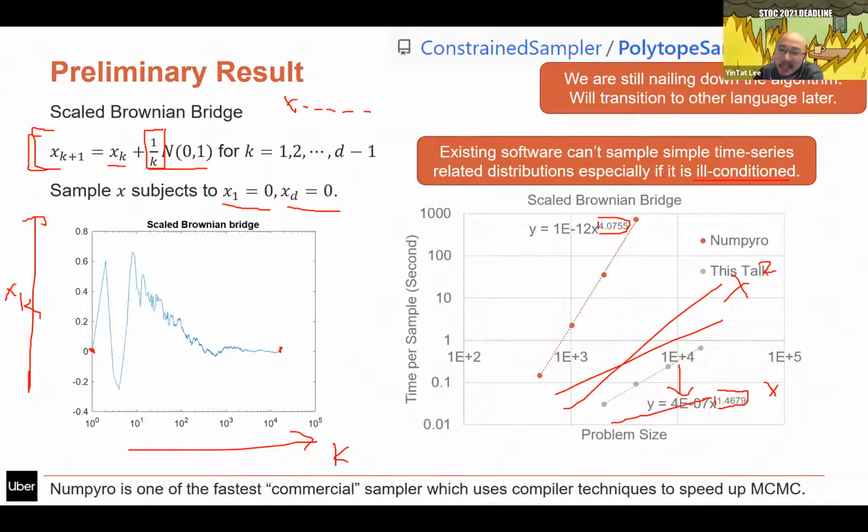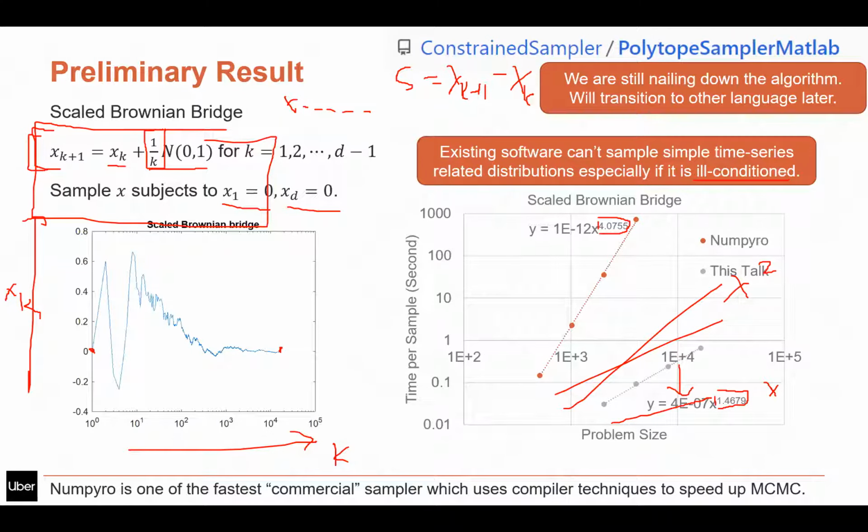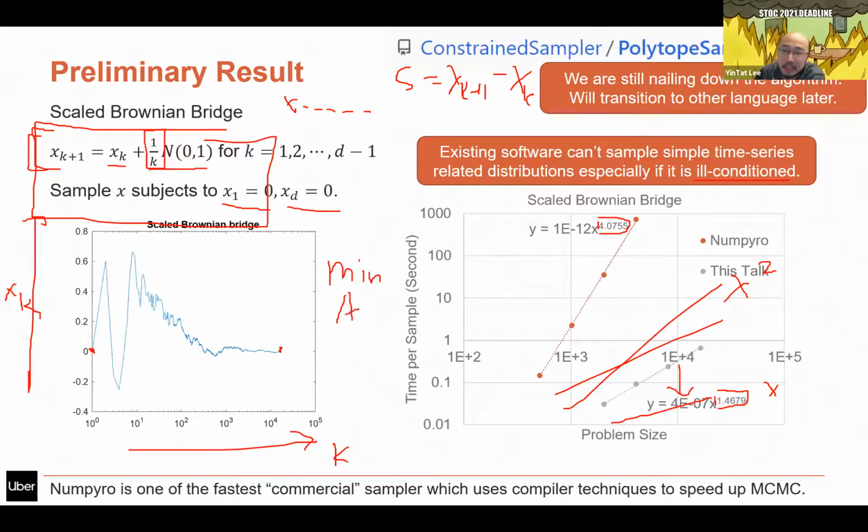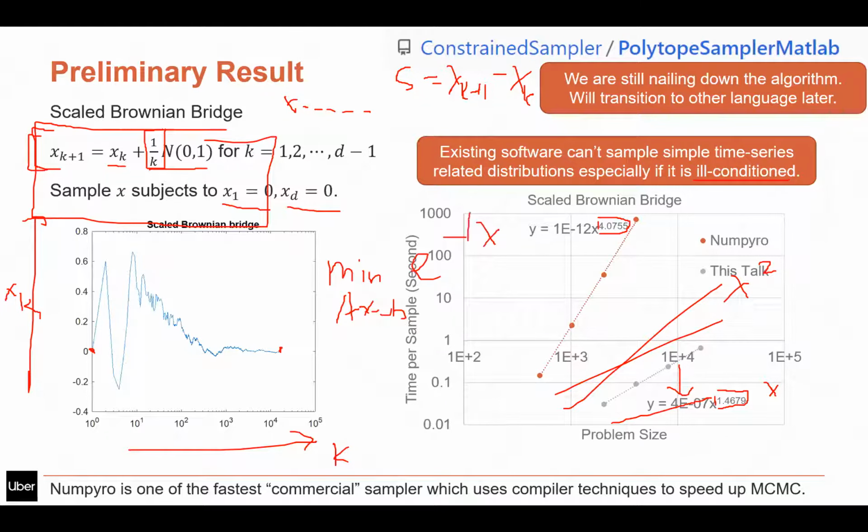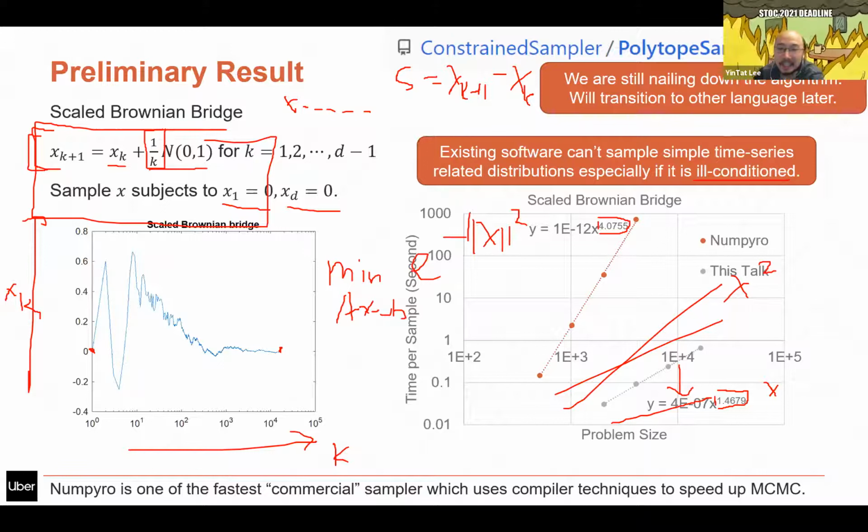Okay, what happens in this problem is you define s equals xk minus xk. I see. Then under this change of variables, this is a polytope. Gotcha. This is not precisely a polytope, but it is sampling an exponential distribution. I mean, it's a bunch of linear constraints.